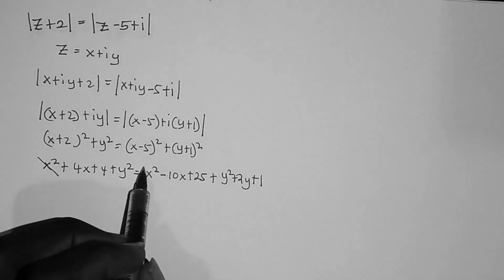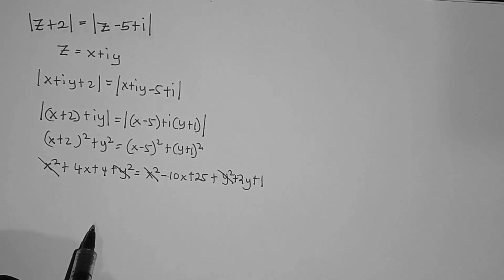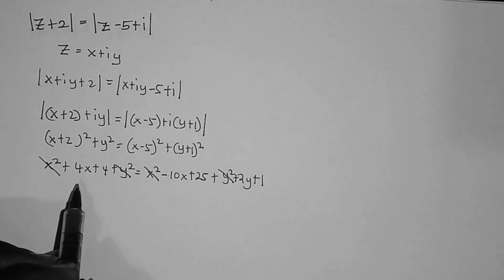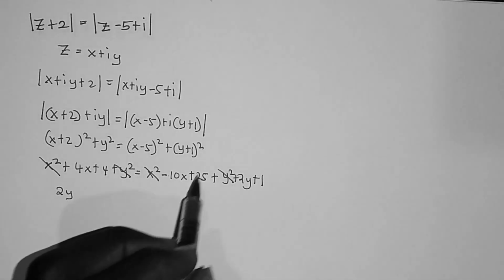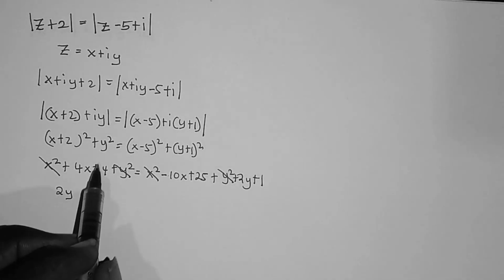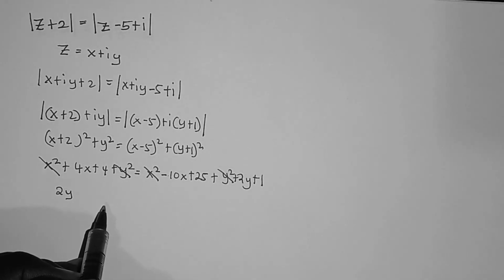So x squared and x squared can cancel. y squared and y squared can also cancel. So let's bring all of this to the right hand side of the equation. So it becomes 2y, then 25 plus 1 is 26. So 26 minus 4 is 22.